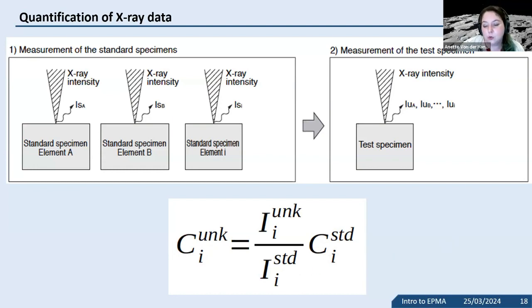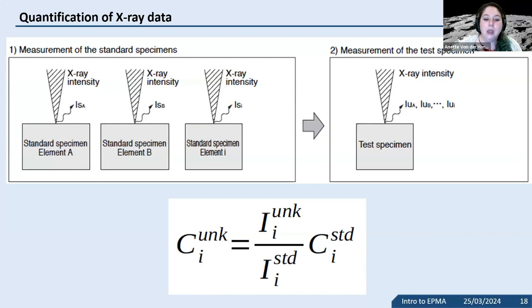And the advantage of doing it this way is that irrespective of how our instrument performs, how good we are at tuning it, we're usually getting accurate concentrations, like the numbers are correct, because whatever we do wrong, or if our machine is just performing a little bit different every day, electron microprobes are very sensitive beasts, it happens both to our unknown material and to our standards.